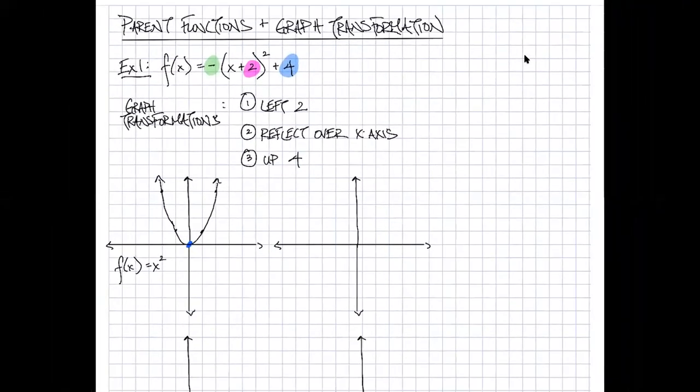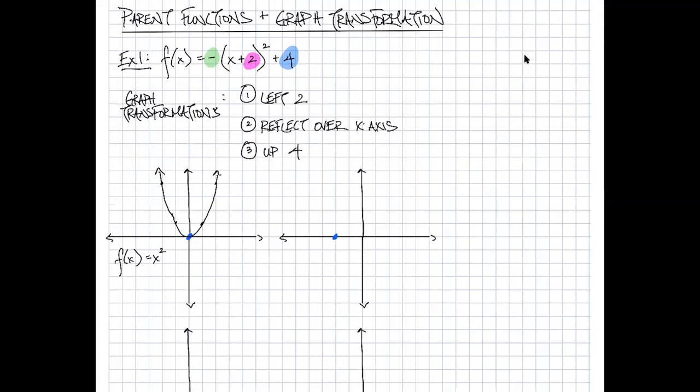Now, the first thing that happens is we move it to the left 2. So that means that if I'm imagining this in my head, the blue point moves, not that way, Judy. It moves to the left 2 units. And because the parent function has nice coordinates, let's plot those nice 5 points.